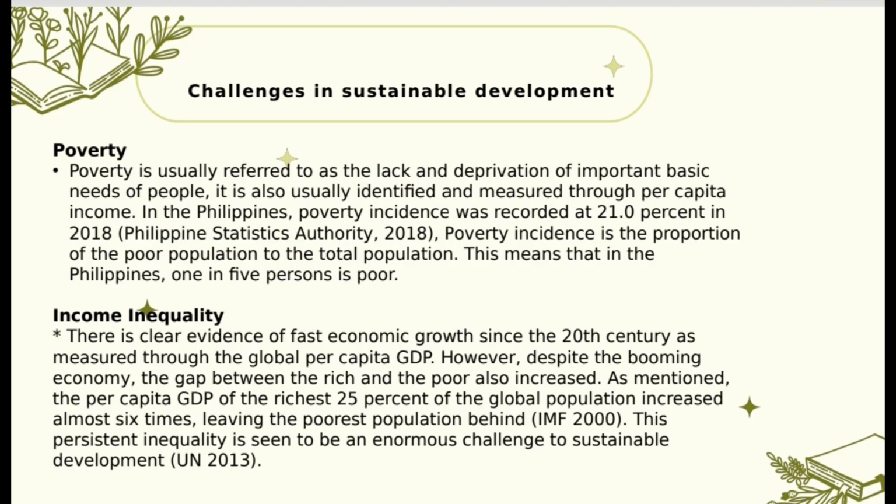However, despite the booming economy, the gap between the rich and the poor also increased. As mentioned, the per capita income of the richest 25% of the global population increased. The persistent inequality is seen to be an enormous challenge to sustainable development.